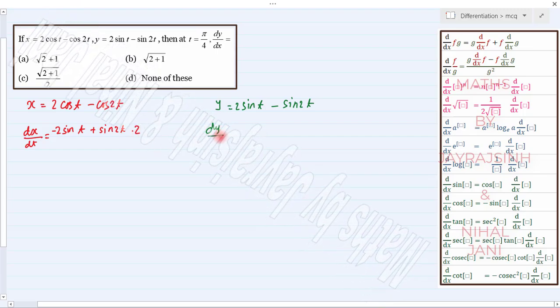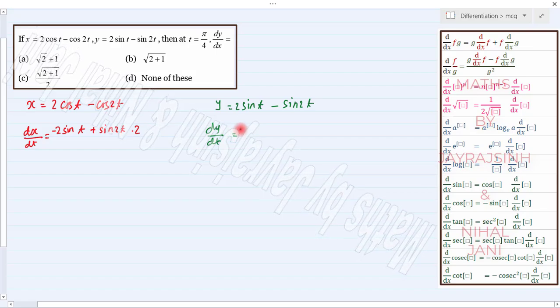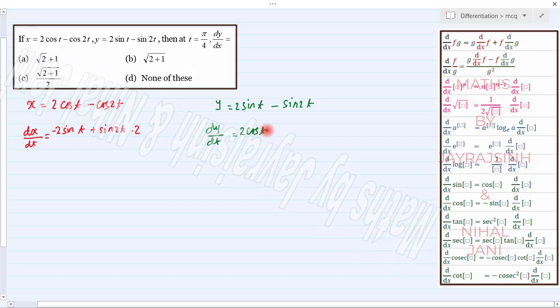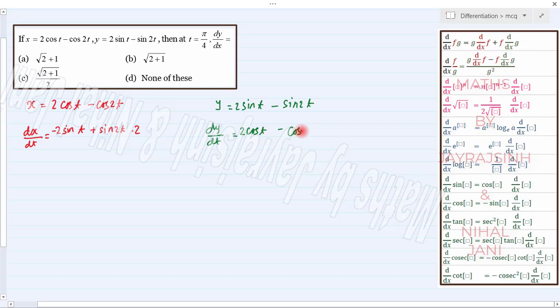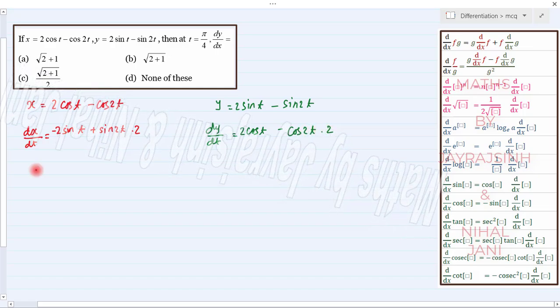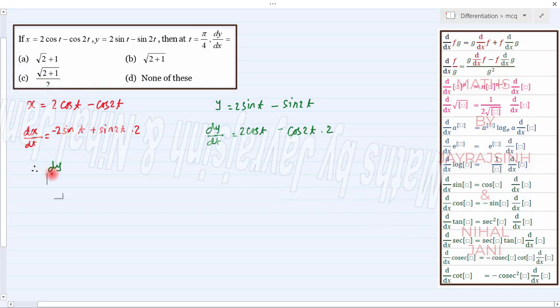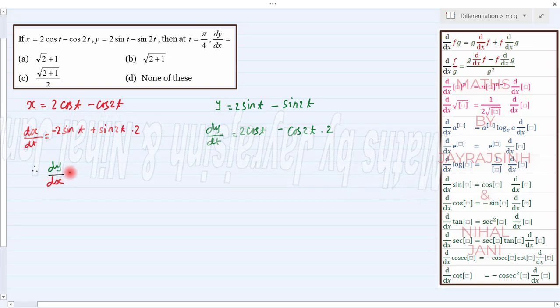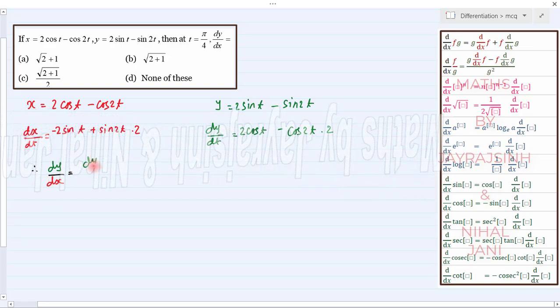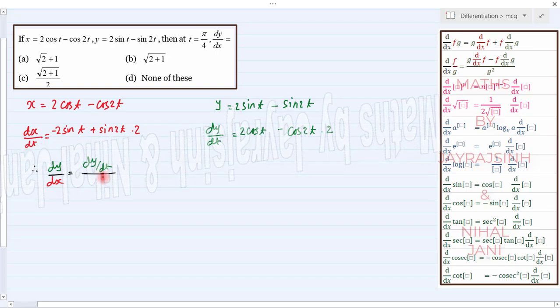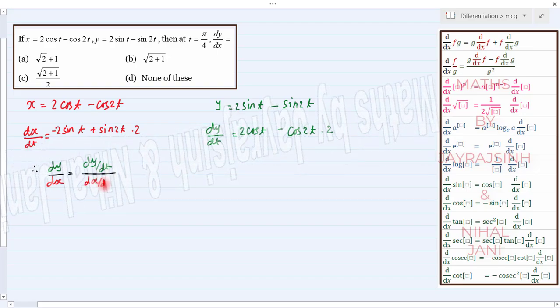Similarly, we will get dy by dt is equal to 2 cos t minus cos 2t into 2, so we can get dy by dx, which is ratio of dy by dt upon dx by dt.